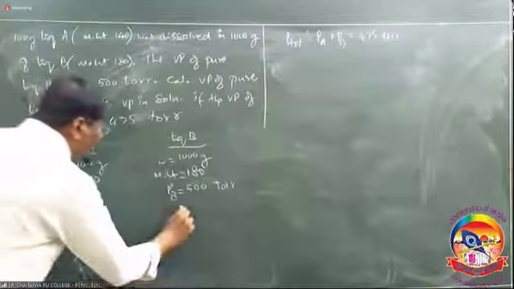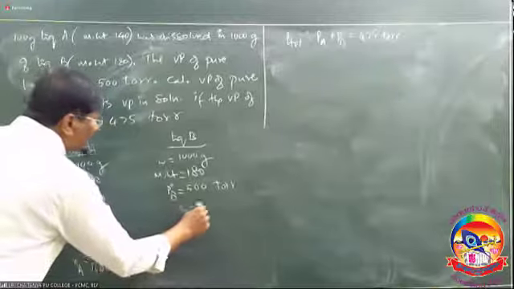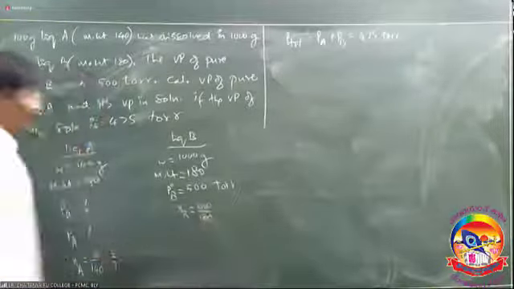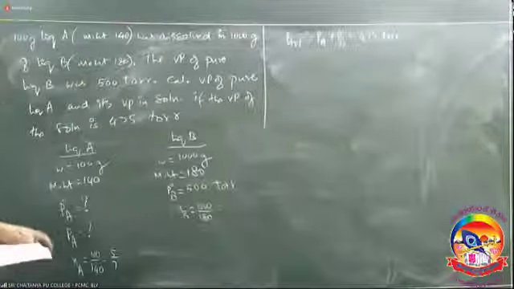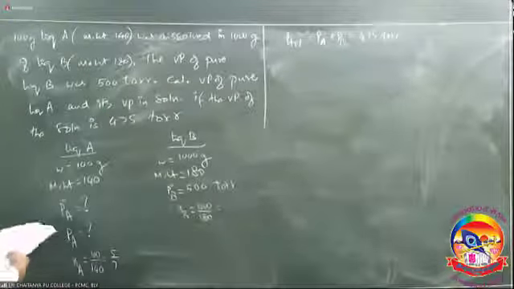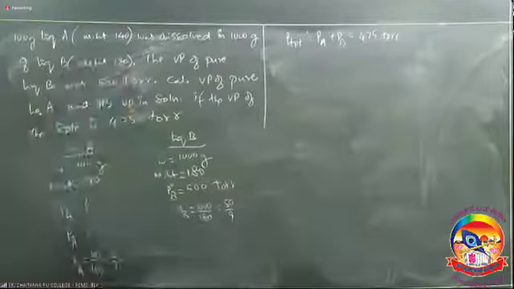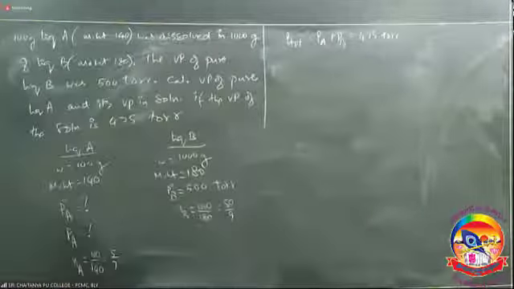NB you calculate as 1000 by 180, which is 50 by 9.